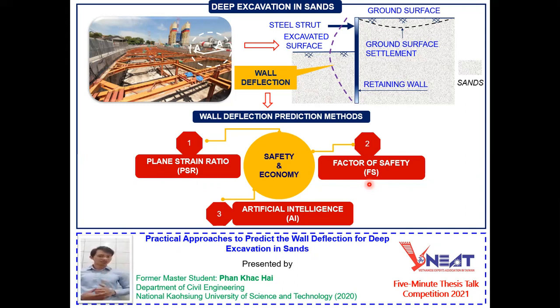So by using this method, the engineers not only can minimize the damage from construction sequences to excavation itself and the surrounding structures, but also can reduce the budgets in the structural design stage. Similarly, these engineers can either use our developed graphs or linear regression equation to predict the wall deflection.